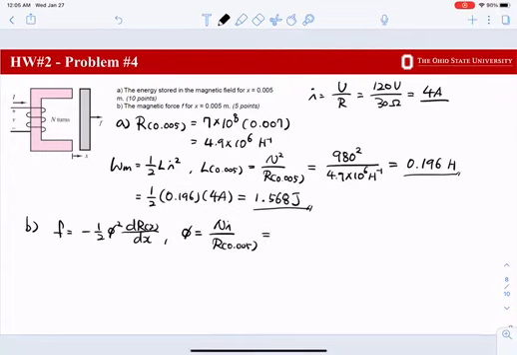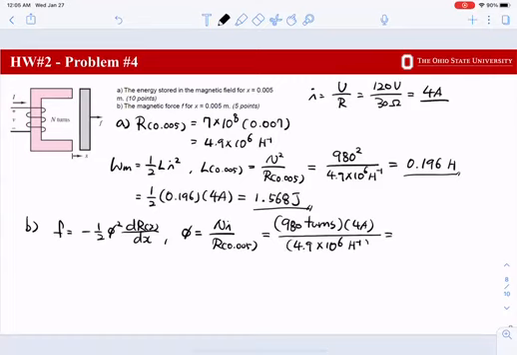The number of turns is 980 turns, and we have 4 ampere over the 4.9 times 10 to the 6. So that is 8 times 10 to the minus 4 Weber.